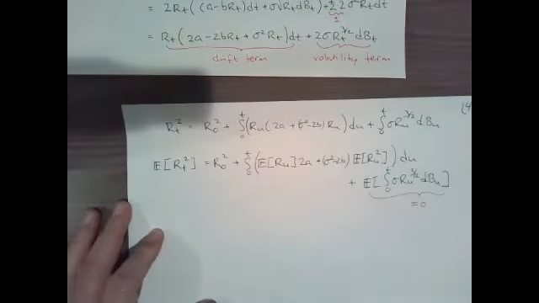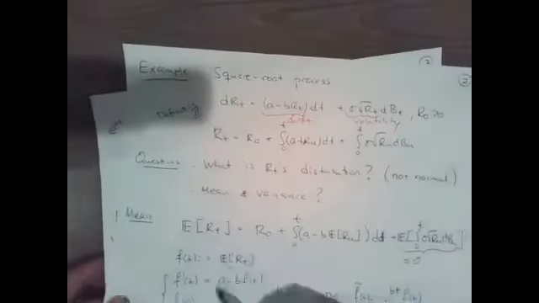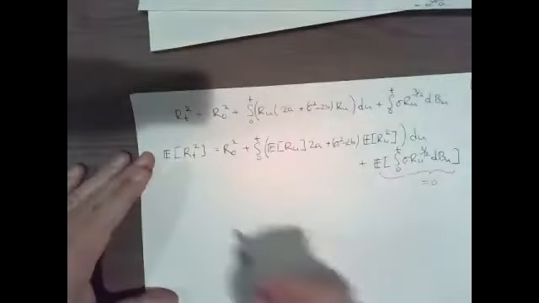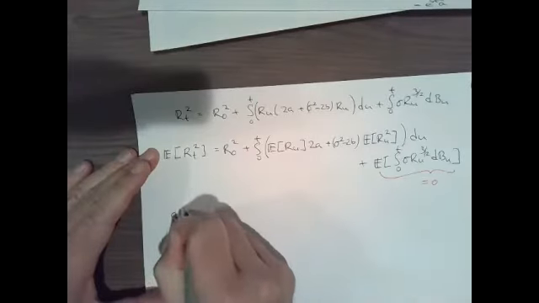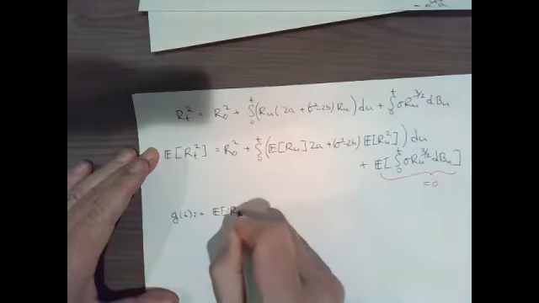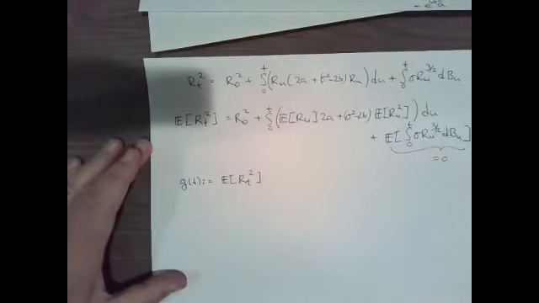And so we close, right? We're basically in the same situation that we were in before. We were hunting the mean. I called the mean f, so let me call the second moment g. Then I'll get my ODE.